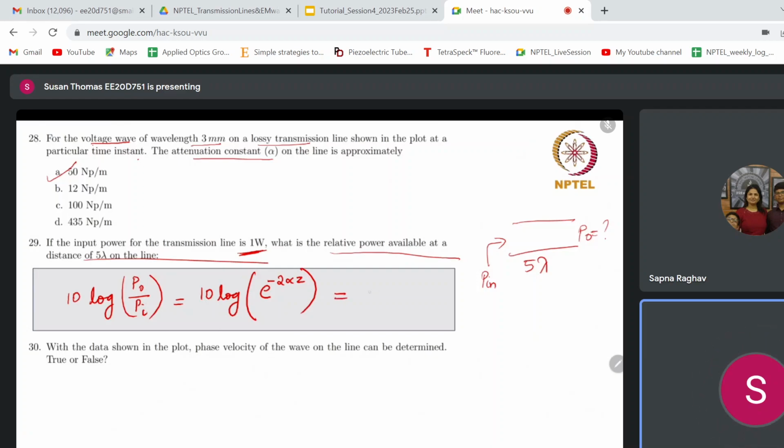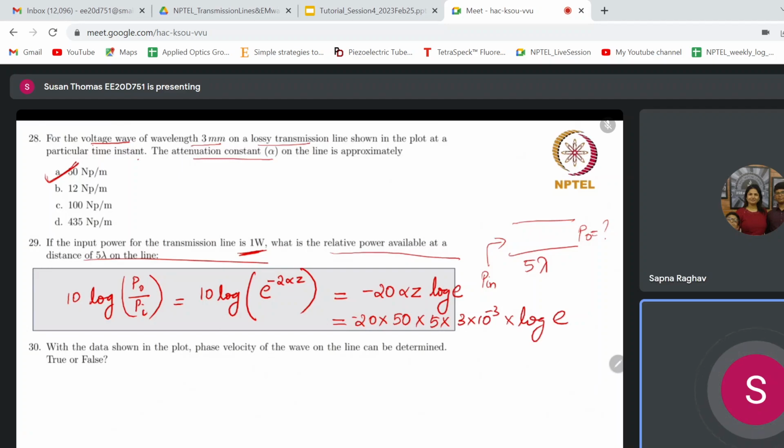So this is minus 20 alpha z log e. So minus 20 into alpha, we already know from the previous part, that is 50 Napier per meter, and z is 5 lambda, so 5 into lambda value you already know, 3 millimeters, into log of e.